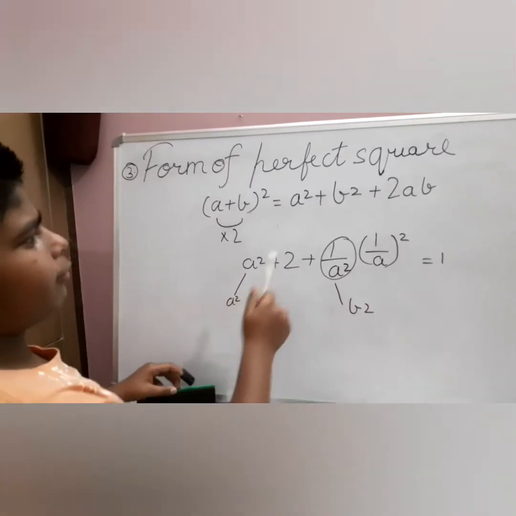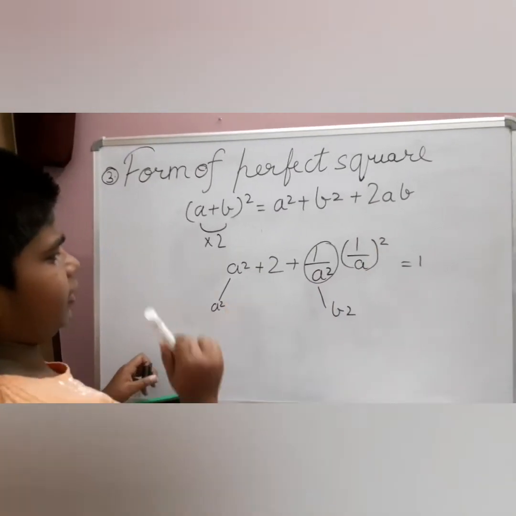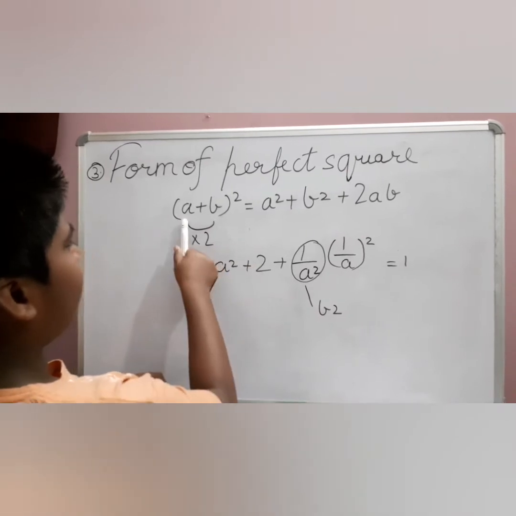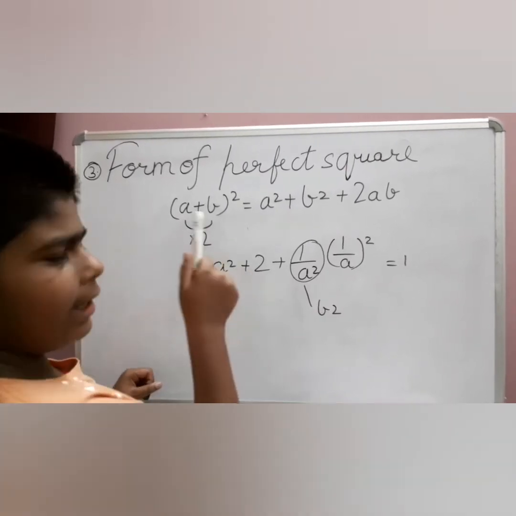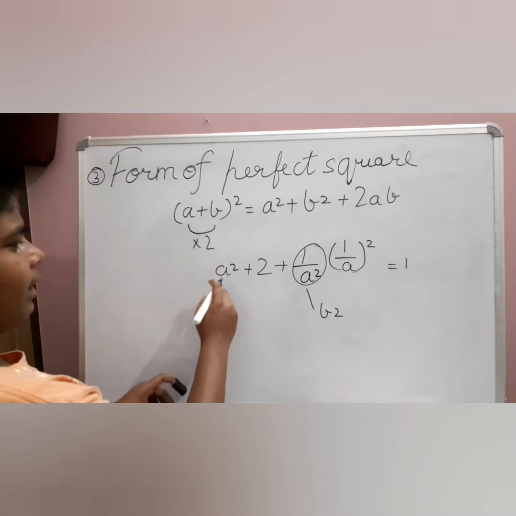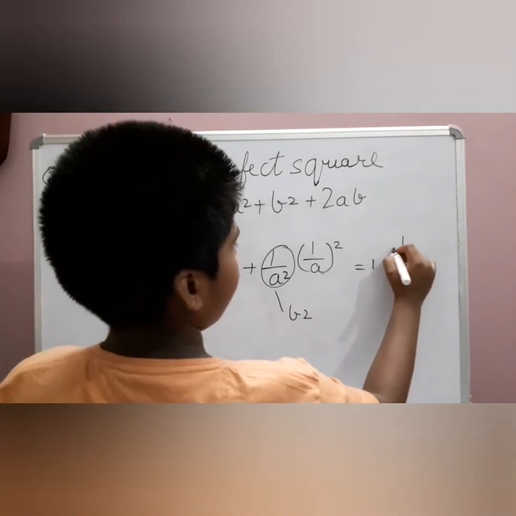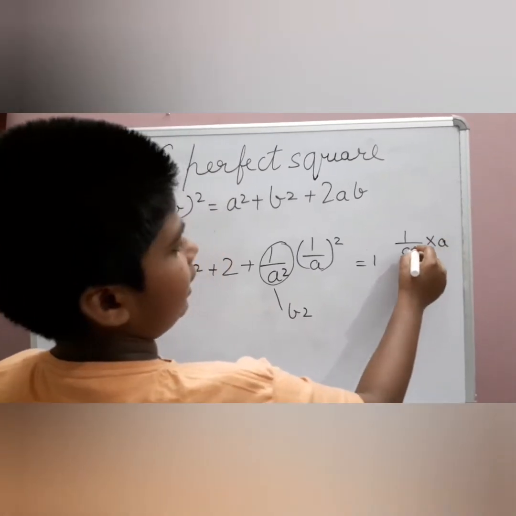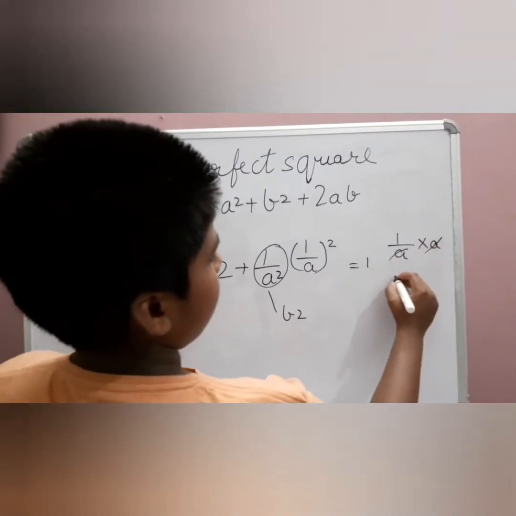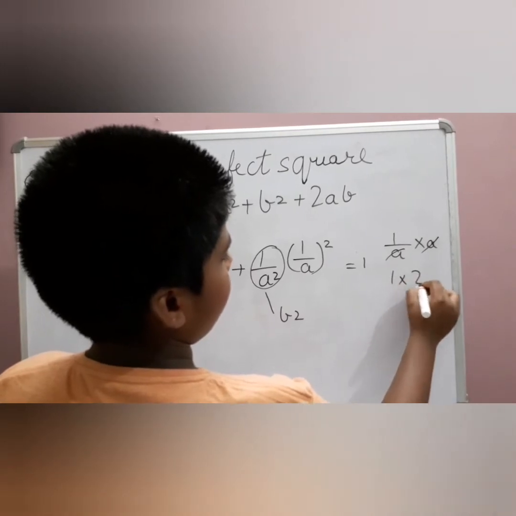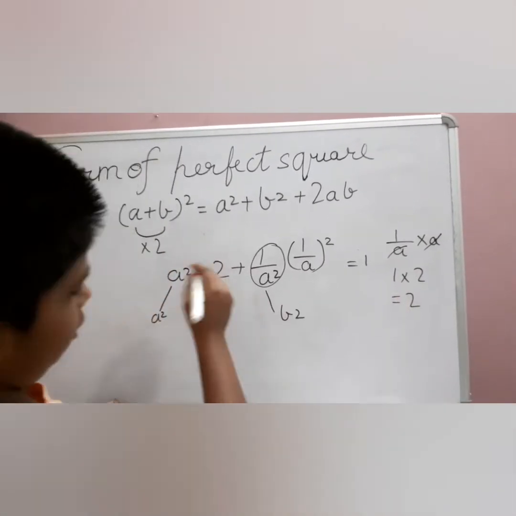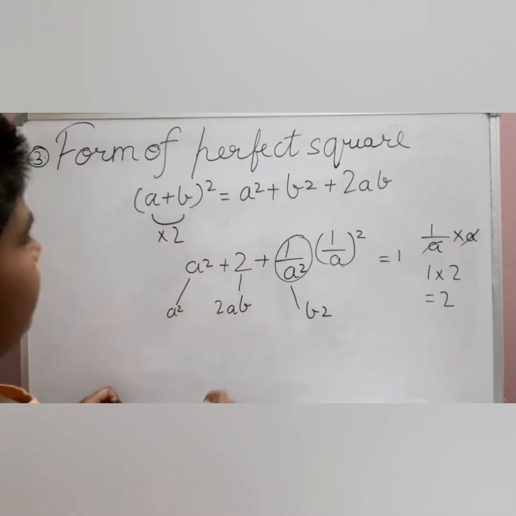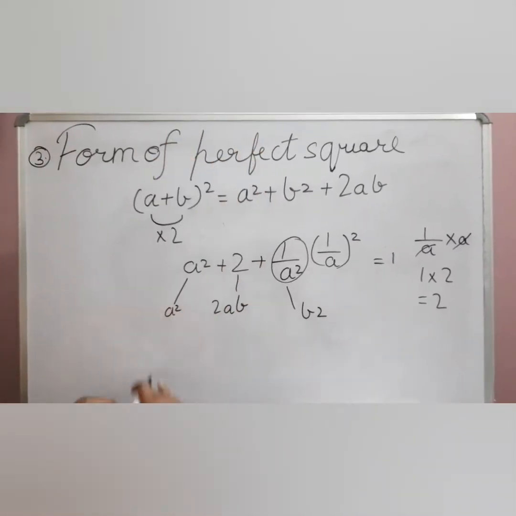Now we have to find 2ab in the question. So I told you that 2ab is the multiplication of both the terms, and to double it. So if you multiply a into 1 over a, then we get 1, then we'll double it. If we double it, we get 2. 2 is also available. So we can say that it is in the form of perfect square.